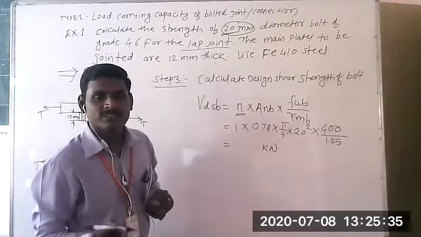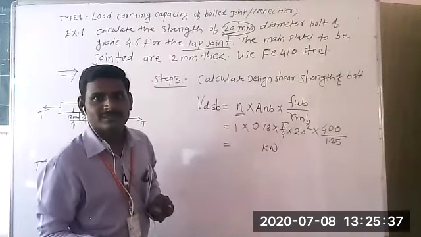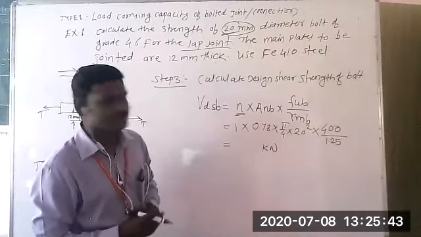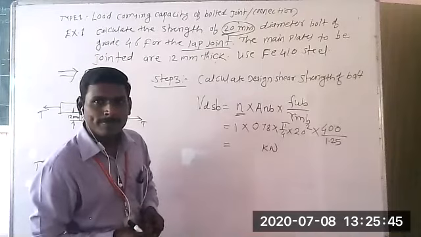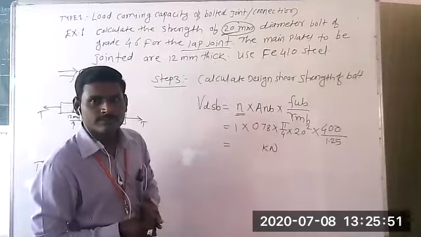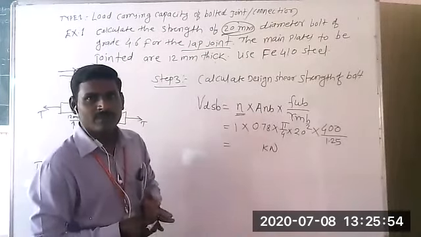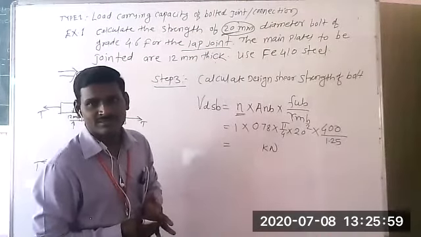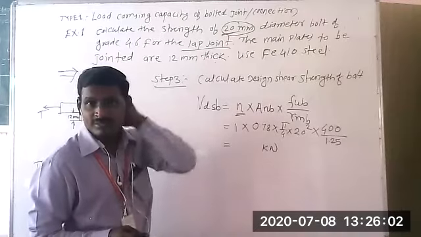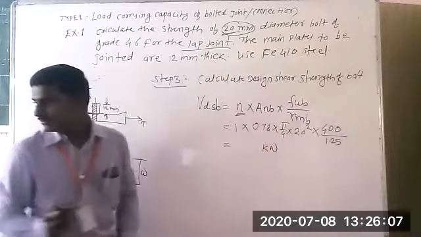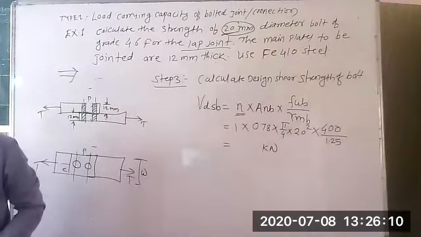The chat box is in front of me. Are you doing calculations? Please do the calculations. One student says 78.41 kilonewton. 78.48 kilonewton, one student.